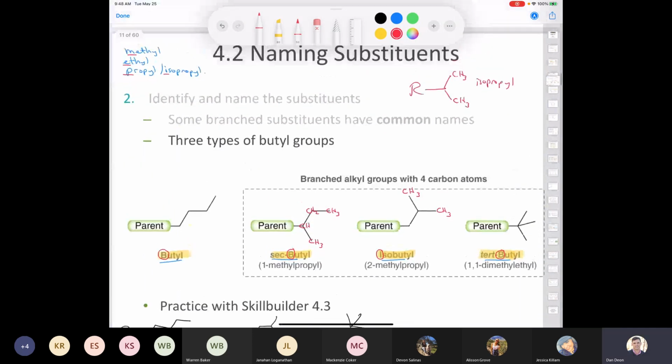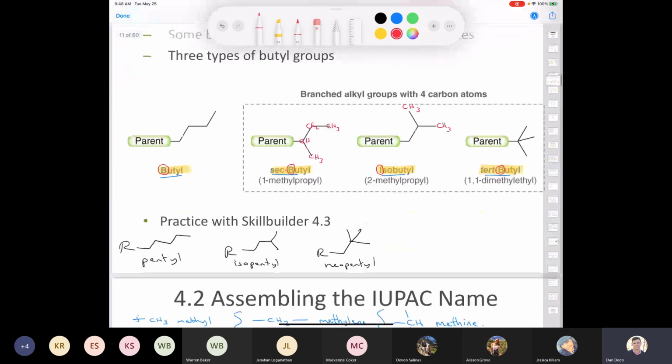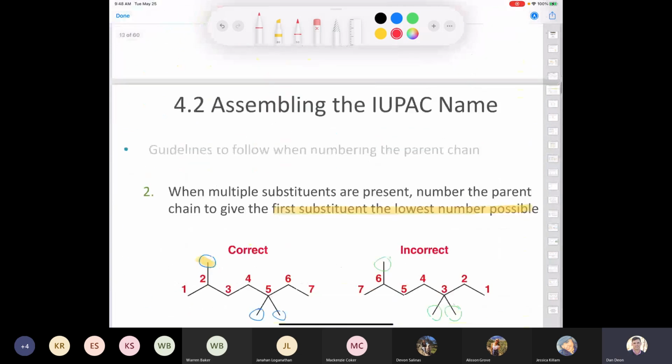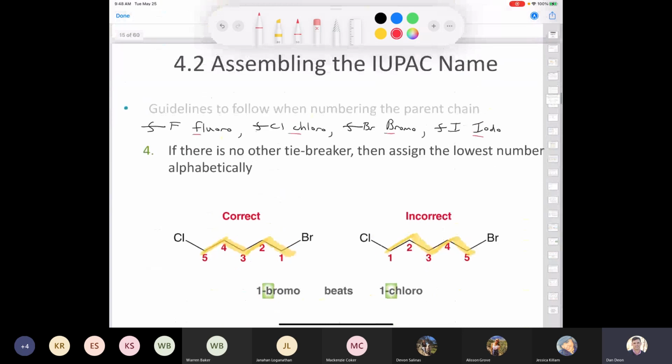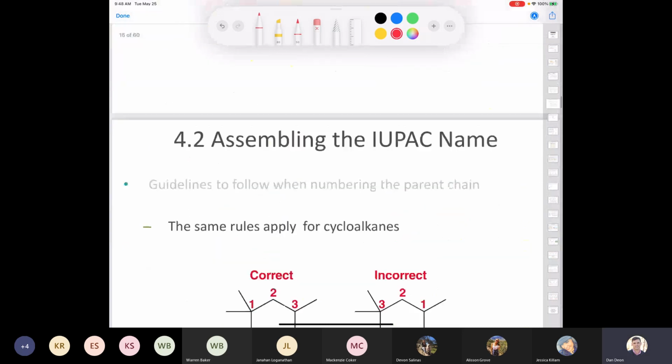So those are the letters that you use for alphabetization of your alkyl substituents. And these are the letters that you use to alphabetize your halogens, which are substituents. There you have it, my friends.